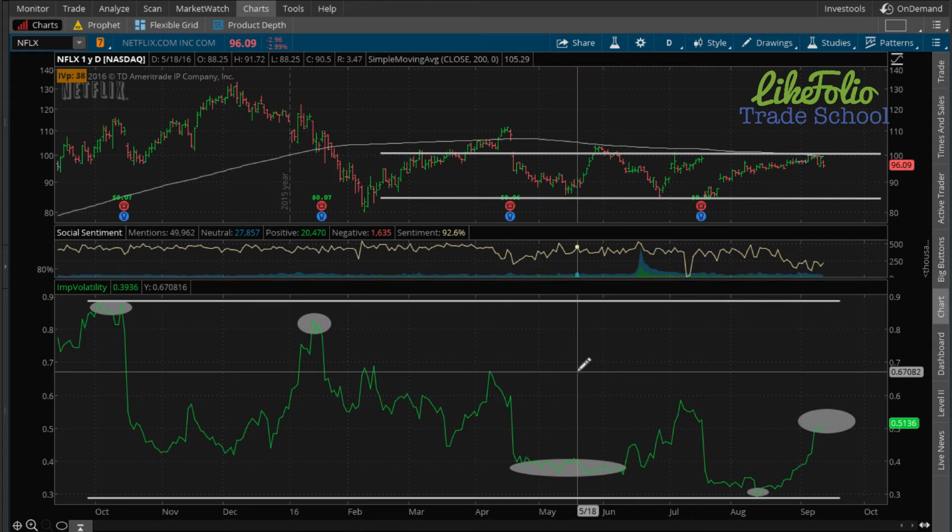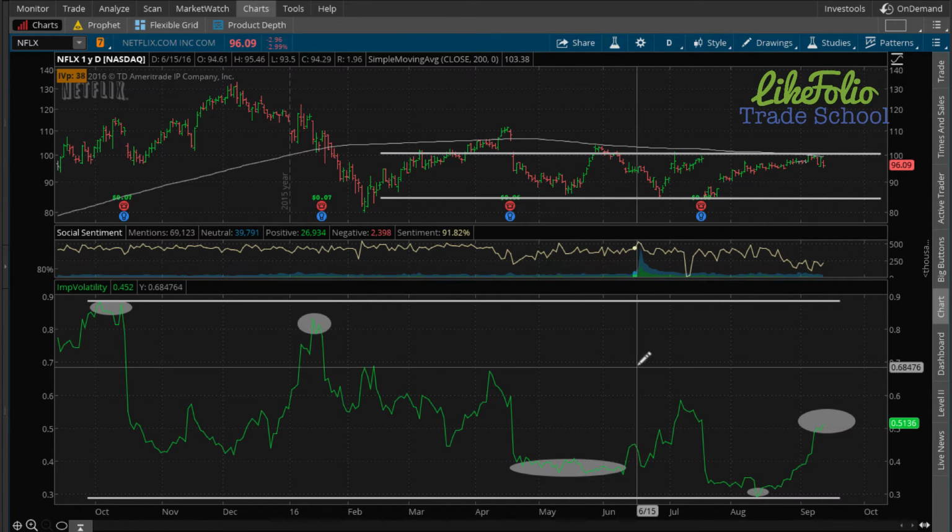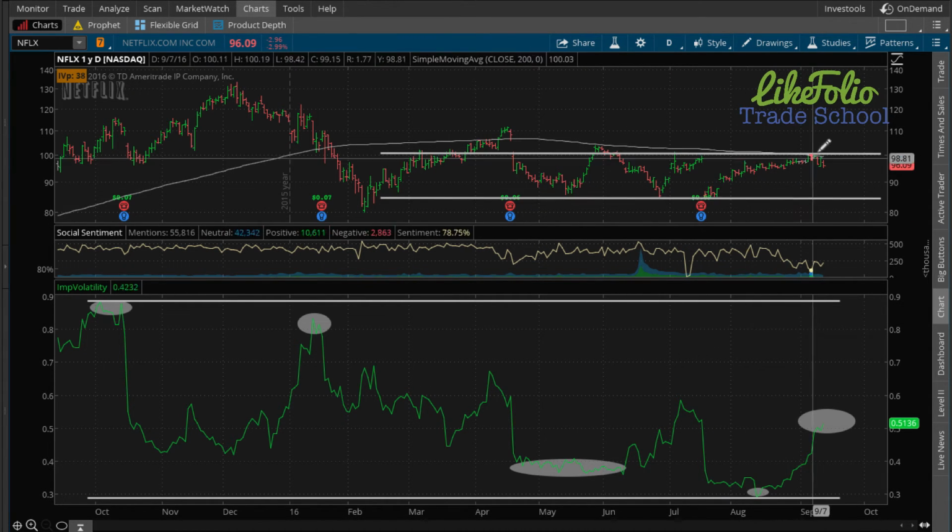So if we had a situation where we were bearish and we had social sentiment signaling bearish and we had implied volatility at the low end of the range, then we might just want to buy puts because the implied volatility premium is cheap and therefore we would expect it to increase.